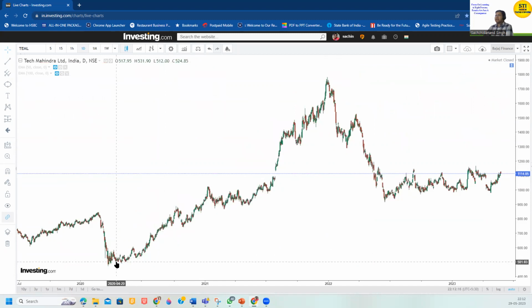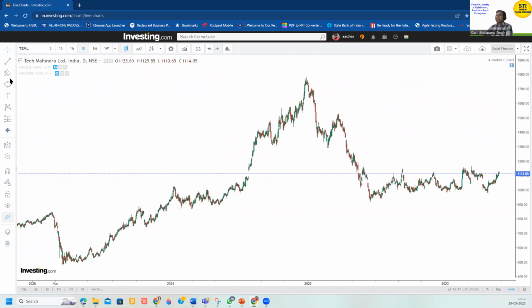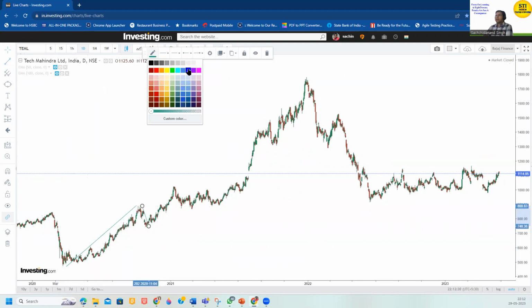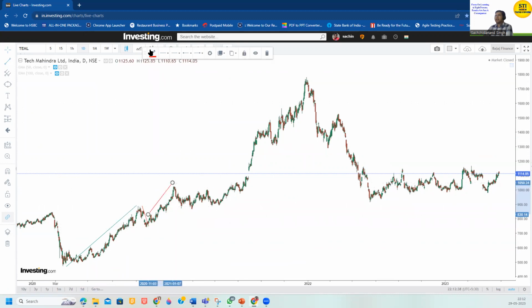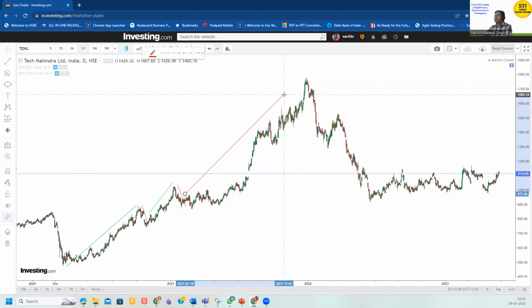Even as the stock price goes up and up, maybe from this point to this point it went up in a straight direction, and in between it took rest and came down. Again from this point to this point it went up in a straight upward direction, and after that it is coming down again. So Fibonacci retracement says that any stock price, when moving in an upward or downward direction, doesn't always move straight.